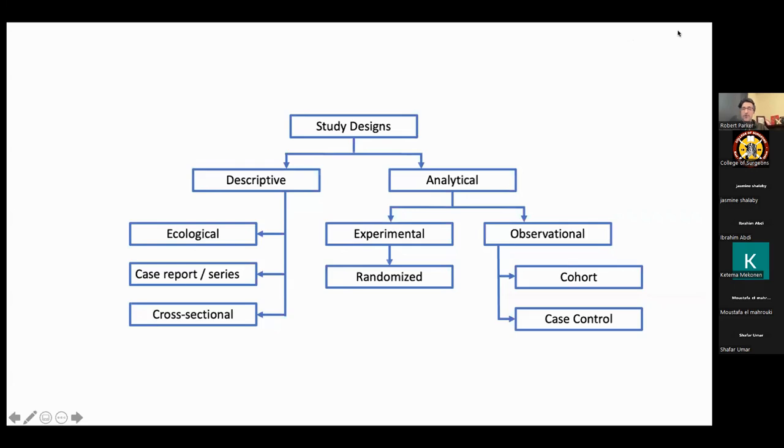So you may have heard of a randomized controlled trial, or observational, a cohort study, or a case control study where you kind of make comparisons. We'll talk a little bit more about these, and I think in the upcoming weeks, you'll be able to dig deeper and learn more and more about each of these study designs.